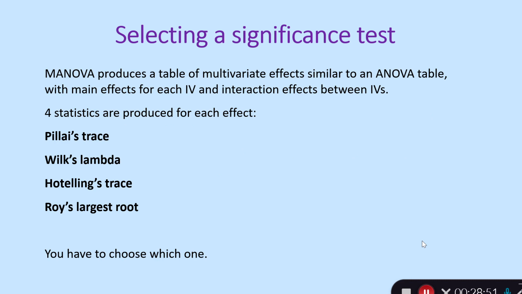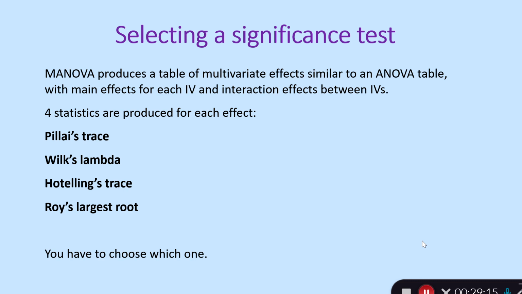Okay, so selecting a significance test, and by this we mean which MANOVA. When you run this test in various software, including SPSS, it produces a table of multivariate effects similar to an ANOVA table, with main effects for each independent variable and interaction effects between the independent variables.